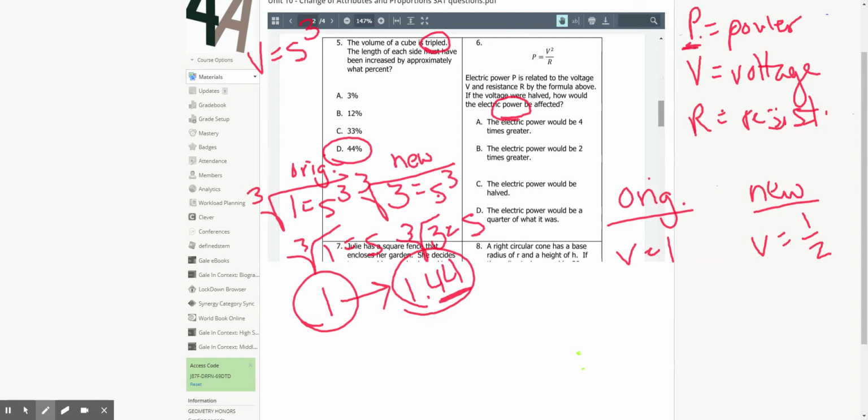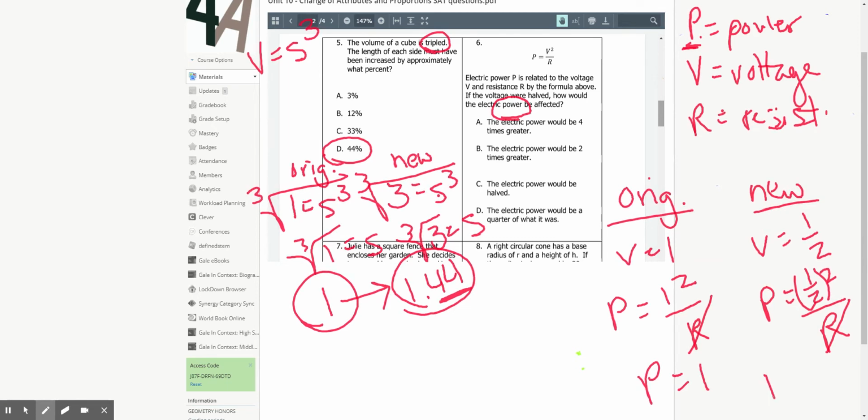So I want to know about power. So P equals 1 squared over R, and P equals 1/2 squared over R. The R is the same, so we don't have to worry about that. So P equals 1, and P equals 1/2 squared is going to be 1/4.